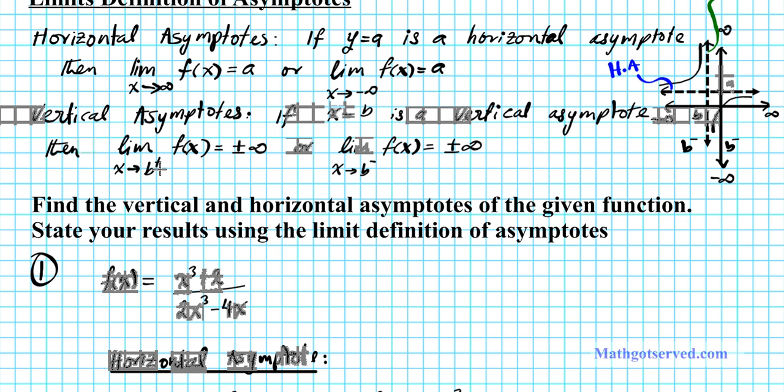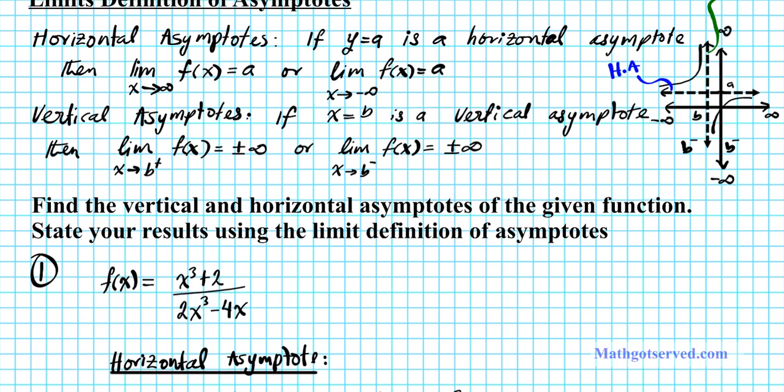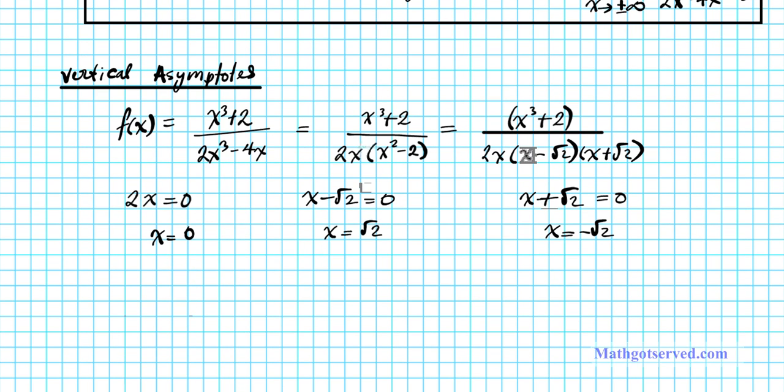If you approach from the left or the right of that vertical asymptote value, if your function approaches positive or negative infinity for any directional limit, that value that you're approaching is a vertical asymptote. Okay, so we can just choose to approach these values from any direction that we want. Approaching them from one direction and getting infinity or negative infinity is sufficient for us to conclude that they are in fact vertical asymptotes.